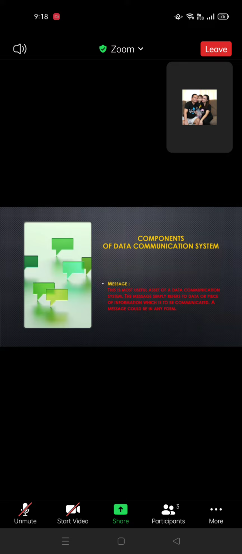Components of data communication system. A message is the most useful asset of a data communication system. The message simply refers to data or a piece of information which is to be communicated. A message could be in any form.